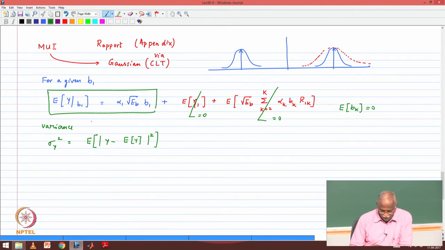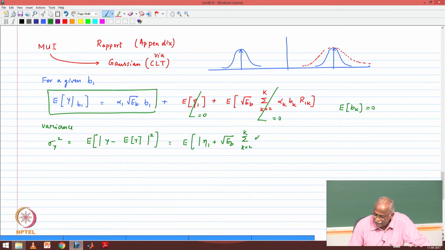So if I now write down y minus this thing, only the noise terms will be present. The signal part gets cancelled. What will be present is the expected value of the magnitude squared of eta 1 plus square root of EB summation k equal to 2 to uppercase K alpha k bk r1k.